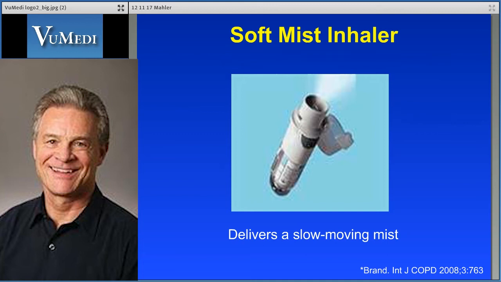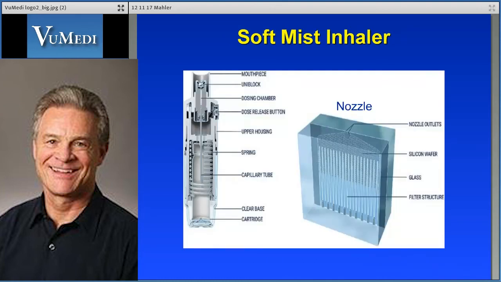The next delivery system I'm going to discuss is a soft mist inhaler, which delivers a slow-moving mist. Based on a study of 14 patients with COPD, 53% of the dose reaches the lower respiratory tract. This slide shows a diagram of the soft mist inhaler on the left and the nozzle on the right.